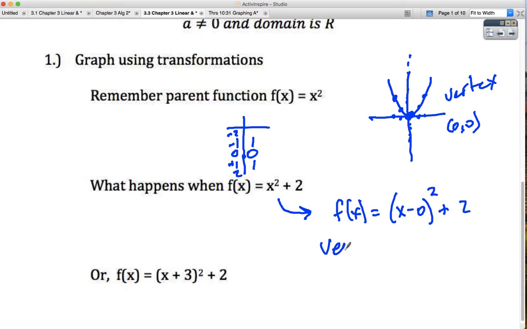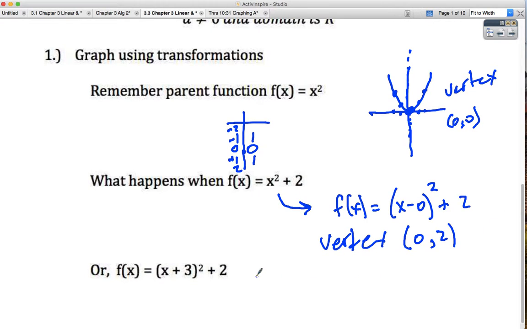I know my vertex will be now at 0, 2, which means I have no horizontal movement at all. There is no horizontal movement from the parent function, and there will be a vertical movement of up 2. So the parent function would move up 2.